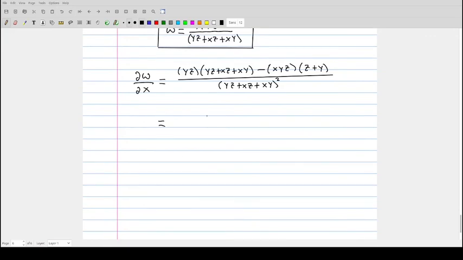And this is definitely kind of long, so if we go through and see here, it's going to be y z squared plus xyz squared plus xzy squared minus xyz squared minus xzy squared, all over our denominator.